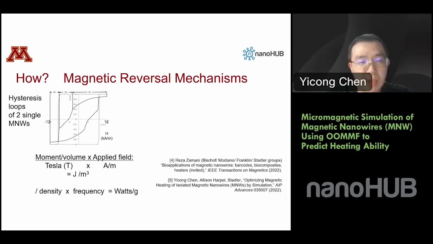By simply using the units of the x-axis and y-axis, the calculated unit for the area is watts per gram, which is the same unit as a typical heating rate measure called specific absorption rate, SAR. And the area enclosed by the hysteresis loop will represent the heating ability of the nanowire.